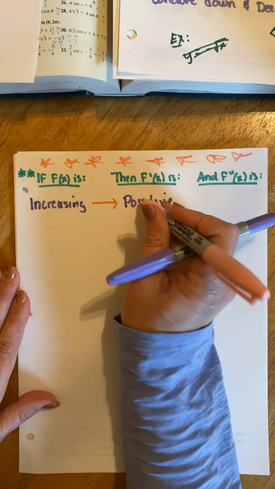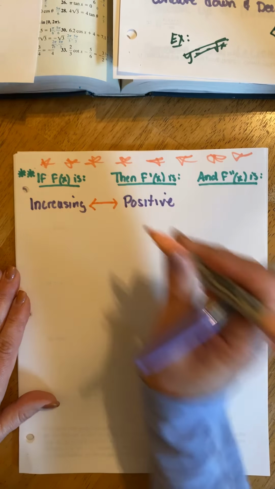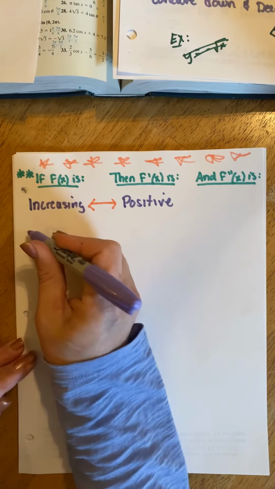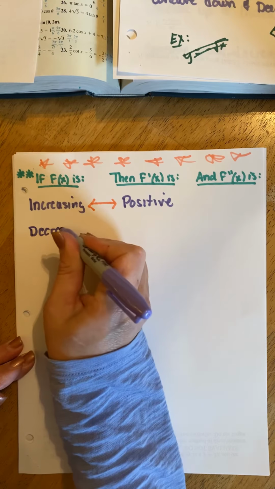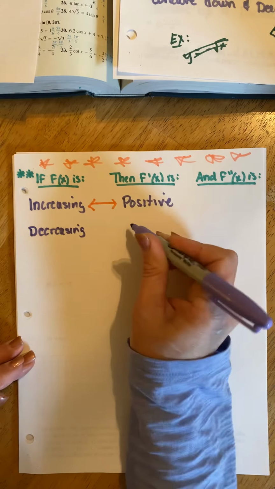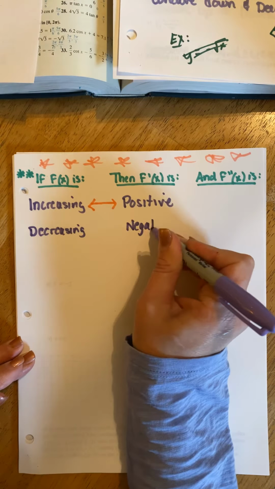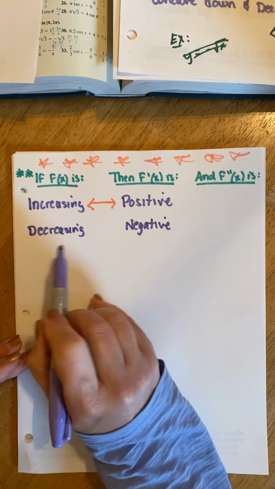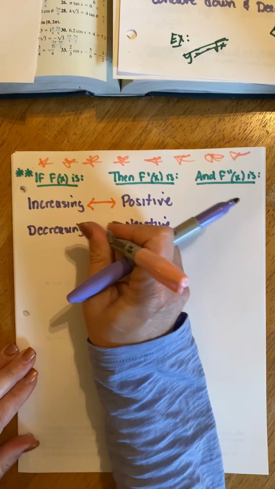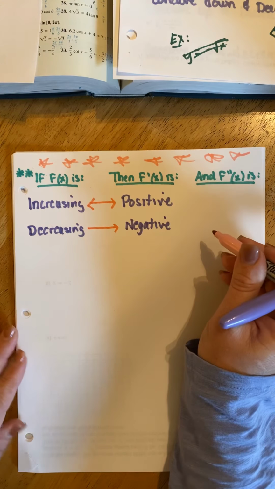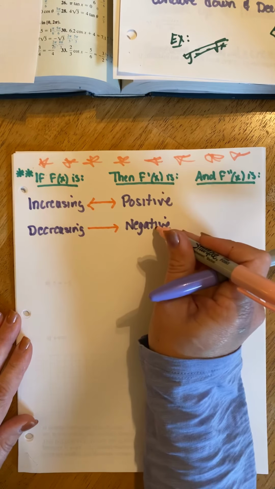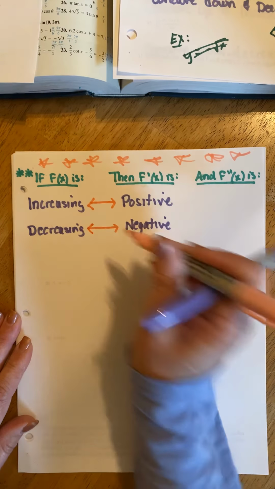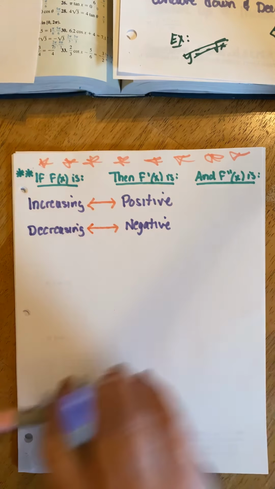If a derivative is positive on an interval, then the original function is increasing. Wherever a function is decreasing, its derivatives are going to be negative. So when f of x is decreasing on an interval, its derivatives will always be negative on that interval, and the relationship goes both ways. If the derivatives are negative, then the original function is decreasing on that interval.